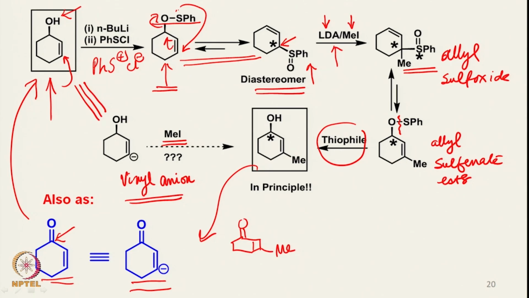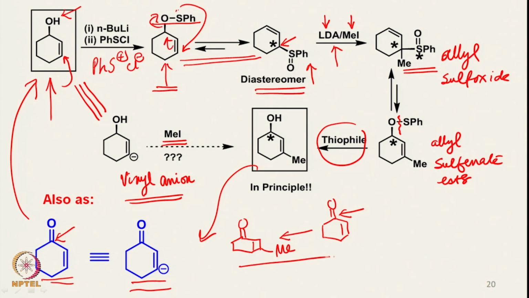So we have started with a substrate of this kind, reduced it to the corresponding allylic alcohol, then carried out this allyl sulfoxide-sulfenate rearrangement, then finally oxidized to go to this.